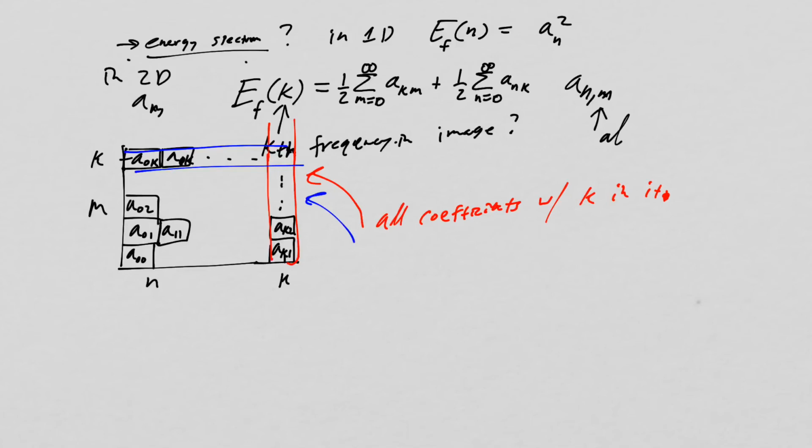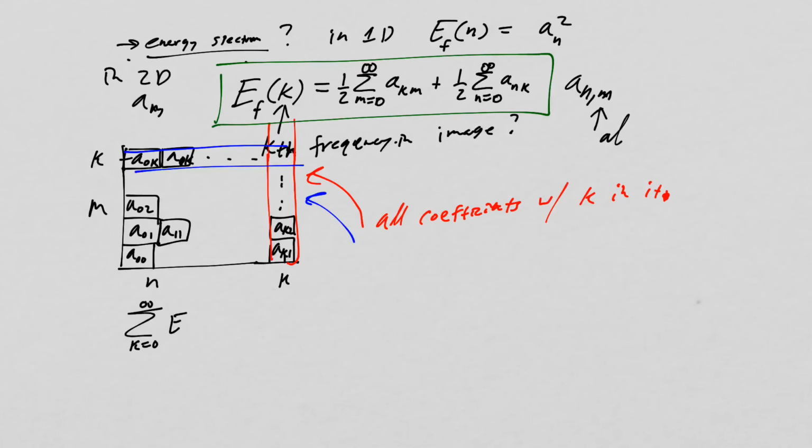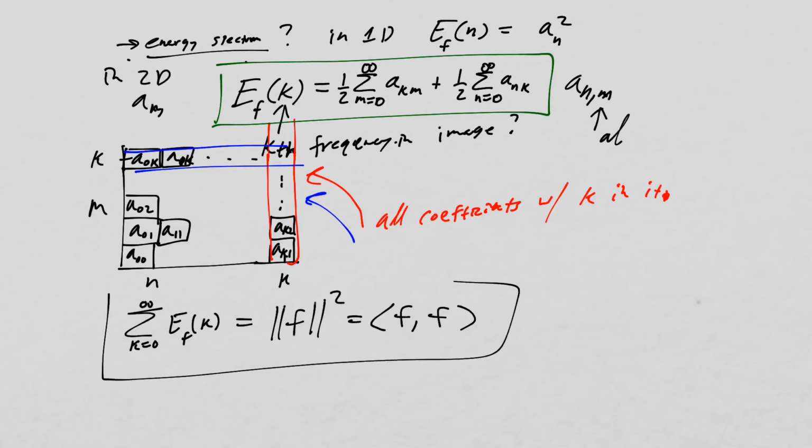My bad. There we go. So this is how you define the energy spectrum: you extract every possible coefficient. If you sum over K, this will add up to the total magnitude of the function when you plug it into the inner product. That's how you define the energy spectrum.